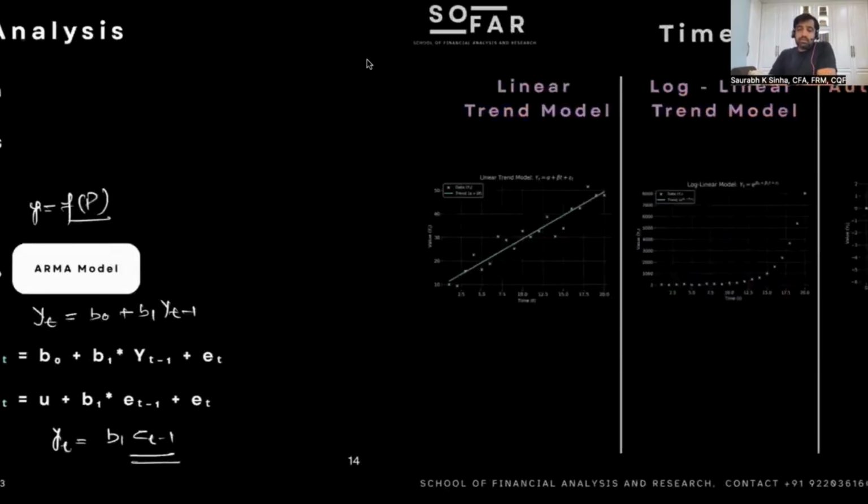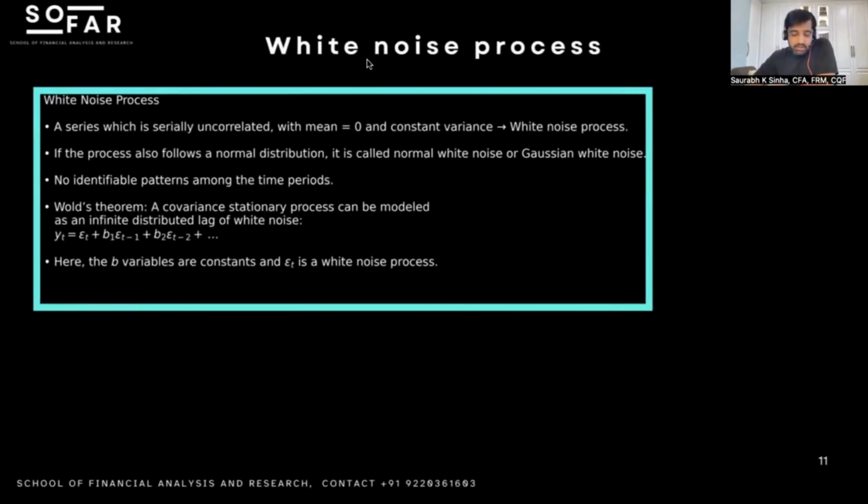Now, just to respect the slide, let's read what is written for white noise. A series which is serially uncorrelated, which means what? What is the meaning of serially uncorrelated? In our terminology, it is independent. With a mean of zero and a constant variance, we call it a white noise process.